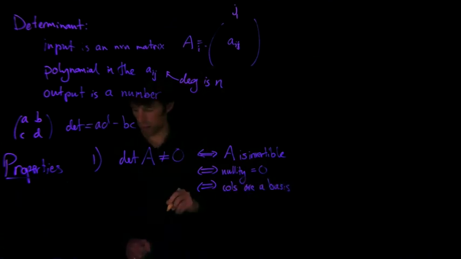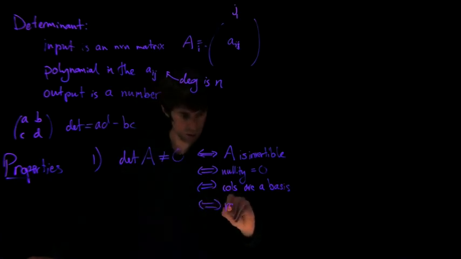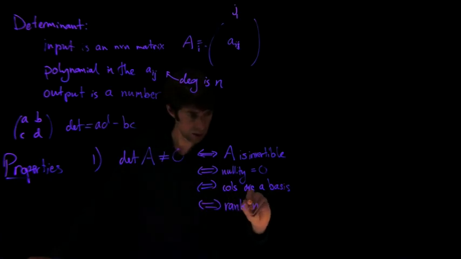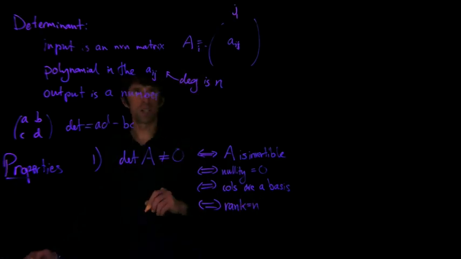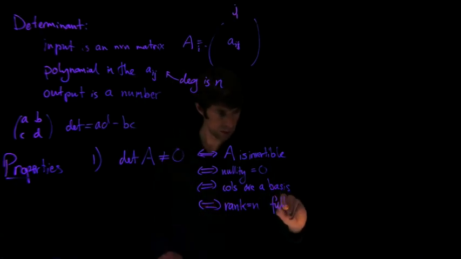And in fact, the columns would have to be a basis, or another one was the rank being equal to the dimension of the codomain, n. So this is what we call full rank.